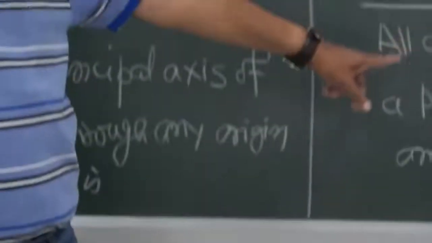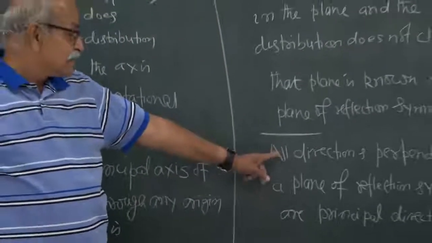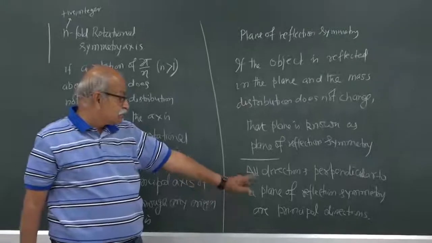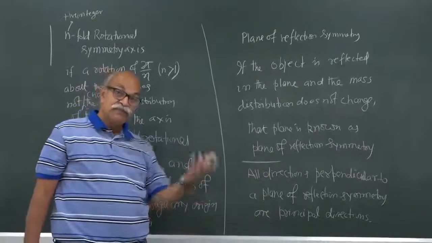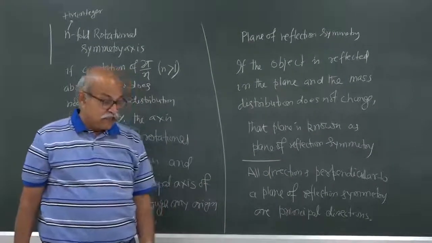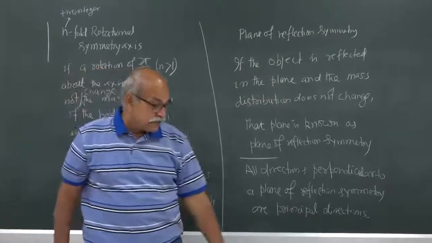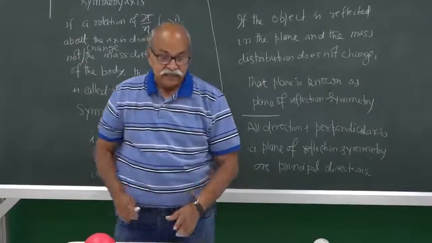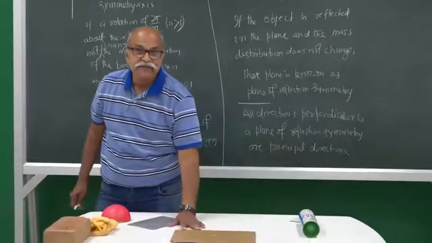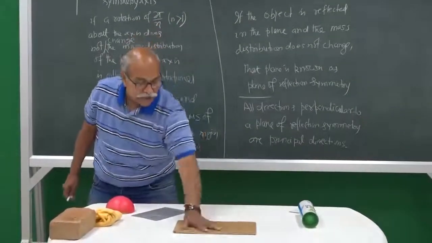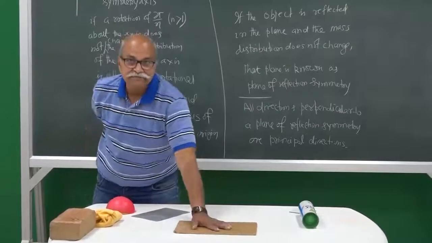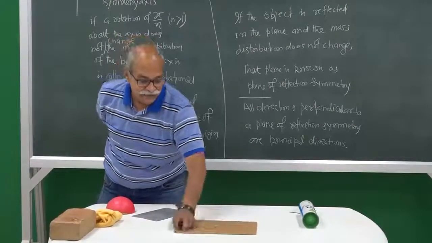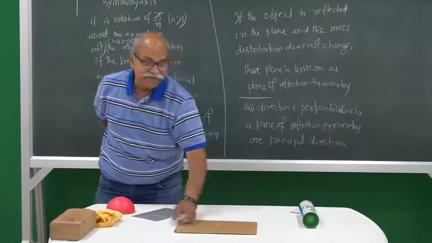If you can find a plane of reflection symmetry, then all directions perpendicular to that plane will give you the principal axis. Now if I talk of my rectangular plate, the example with which I had done all the calculations, it is a two-dimensional object. So this plane itself is a plane of reflection symmetry. Okay, here are the masses, these are the masses of the object.